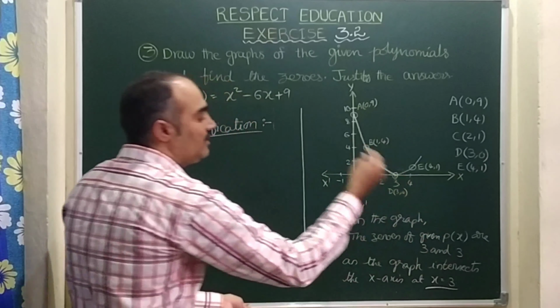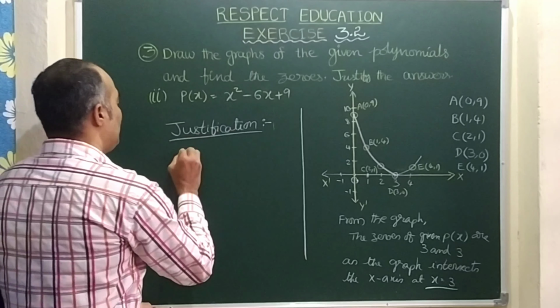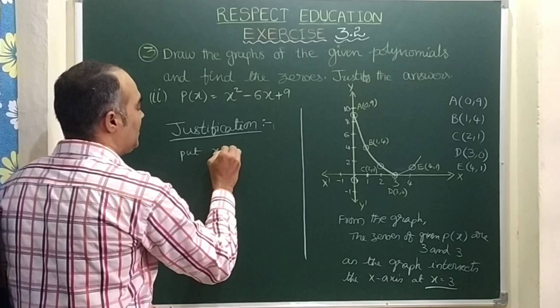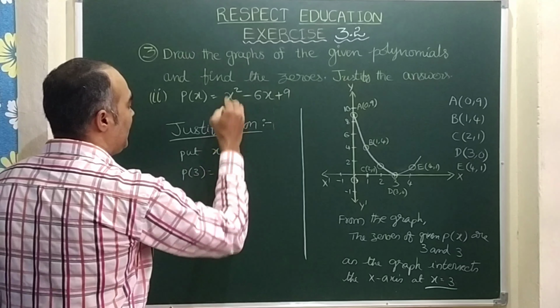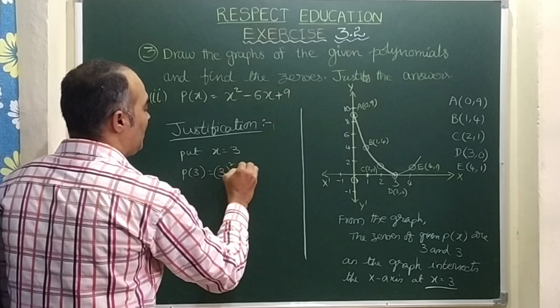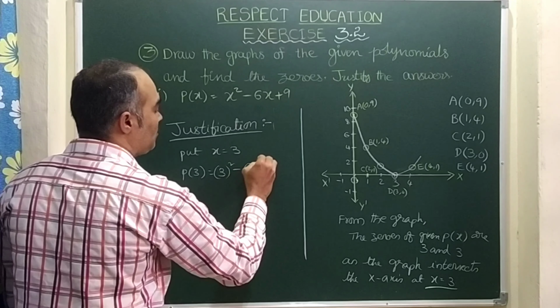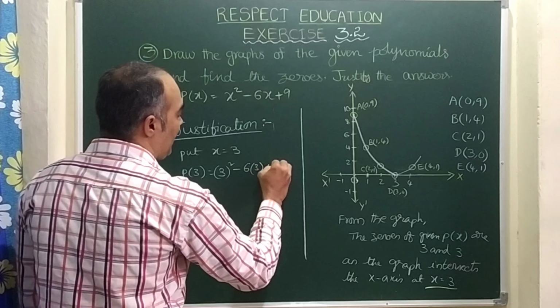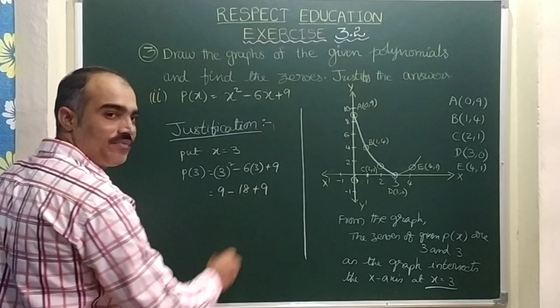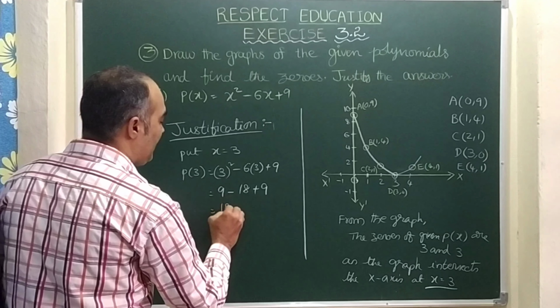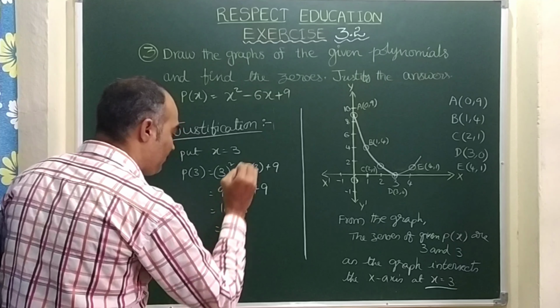Now let us verify that x equal to 3. So here put x equal to 3, then p of x becomes p of 3 equal to x square, means 3 square, minus 6 into x, means 6 into 3, plus 9. Here 3 square is 9, 6 threes are 18, here it is 9. 9 plus 9 is 18, 18 minus 18 is 0.